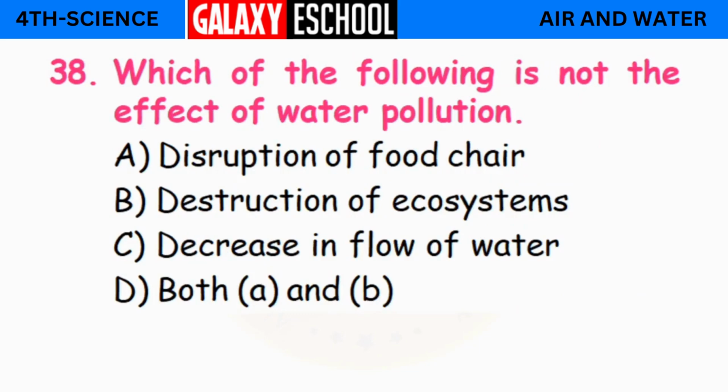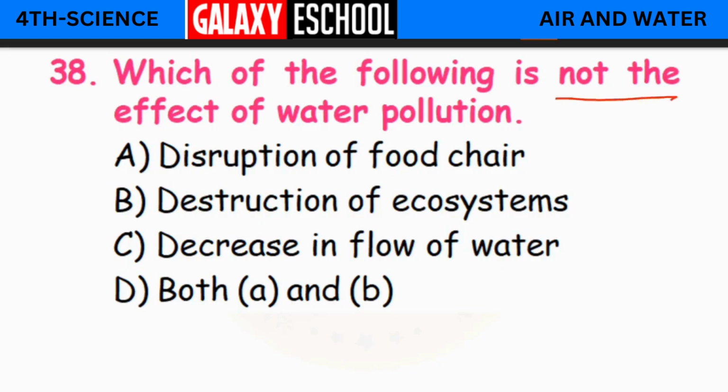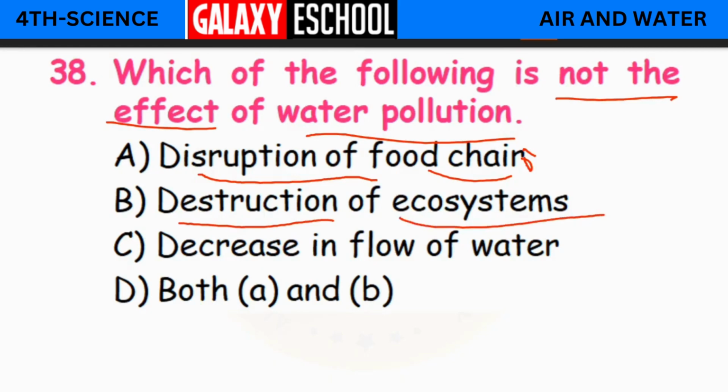Clear, children? Now the 38th question. Which of the following is not the effect of water pollution? Like disruption of food chain, destruction of ecosystems, decrease in the flow of water, or both A and B. So this C option, decrease in flow of water.